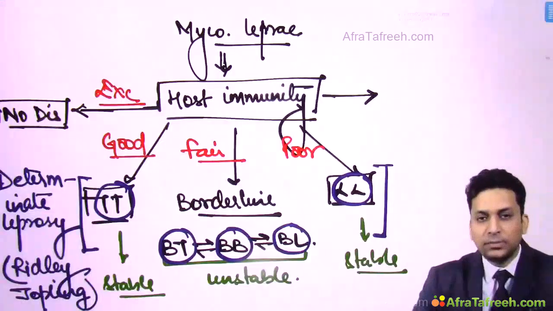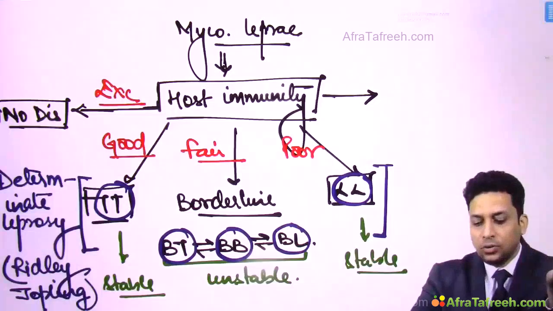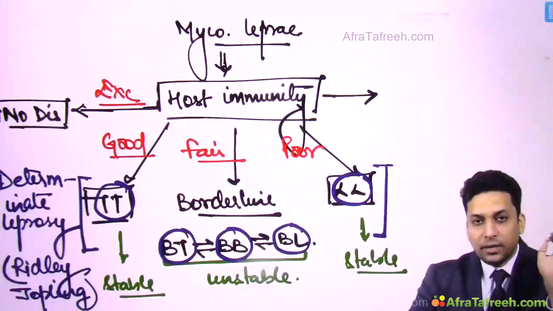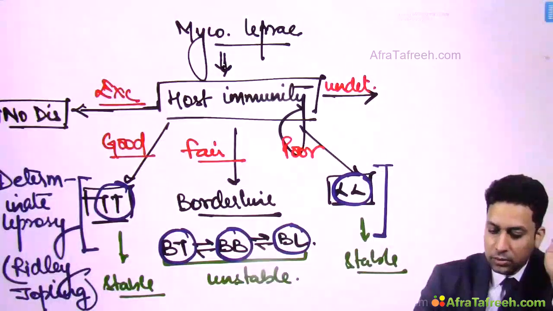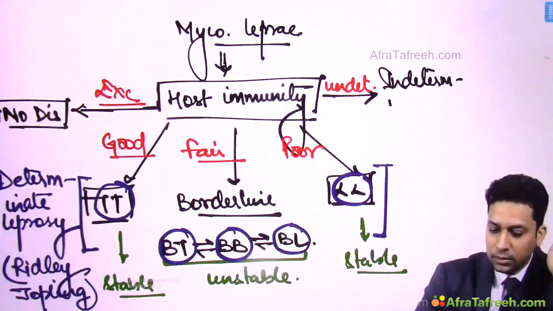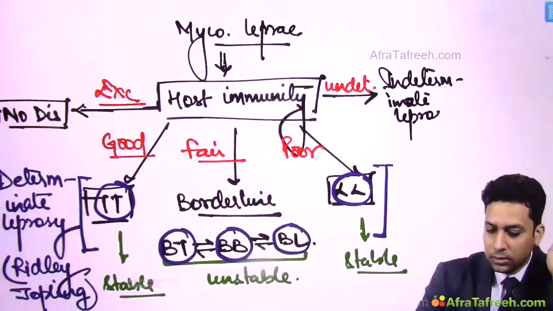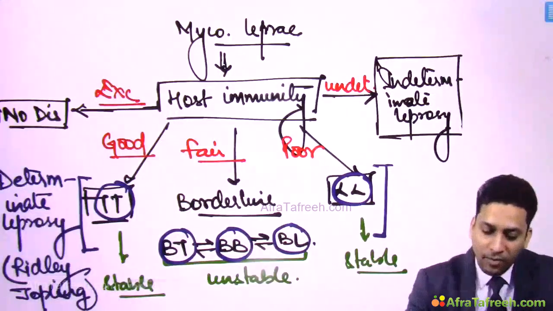Now there is one more possibility, that the host immunity has not yet determined how to act against this mycobacteria. If it is undetermined, this leads to indeterminate type of leprosy. So if the host immunity has not yet decided to act against it, this leads to indeterminate type of leprosy.